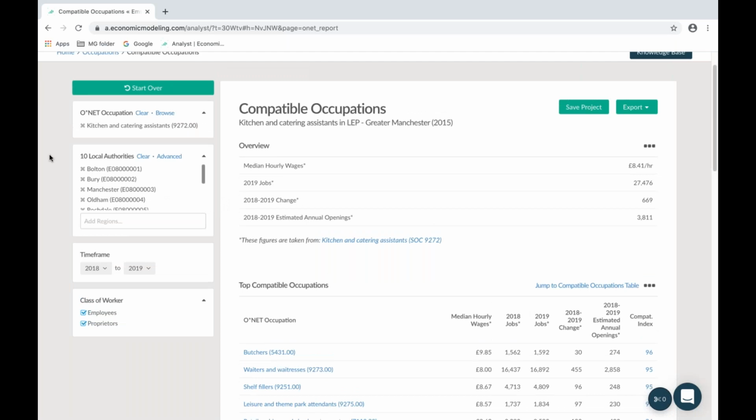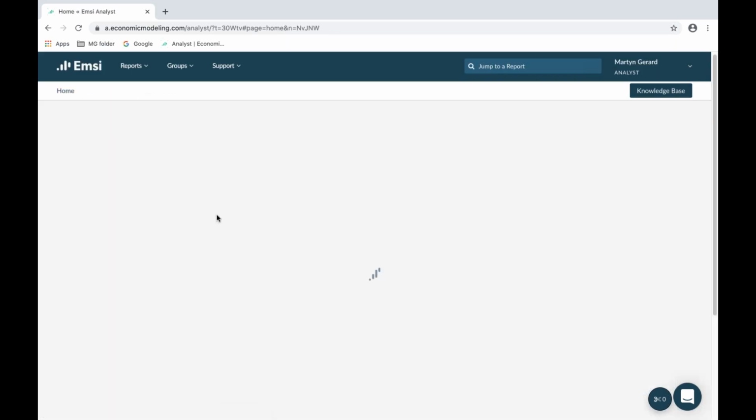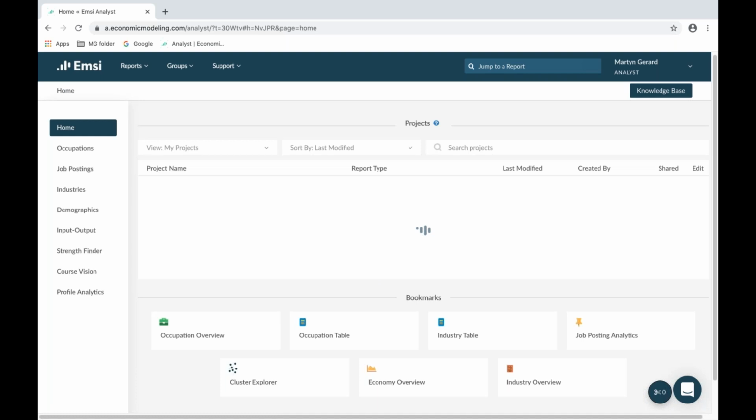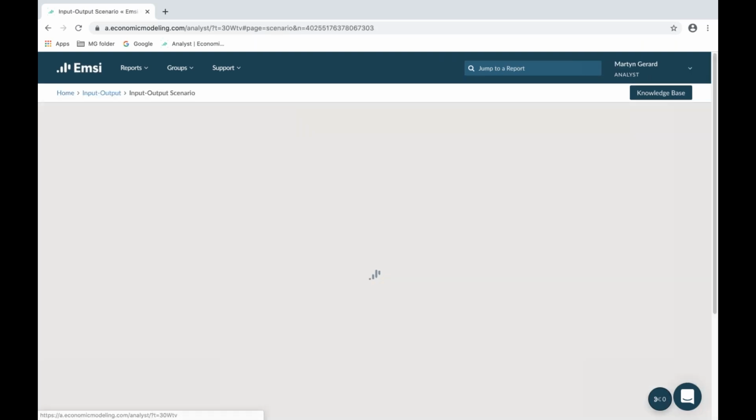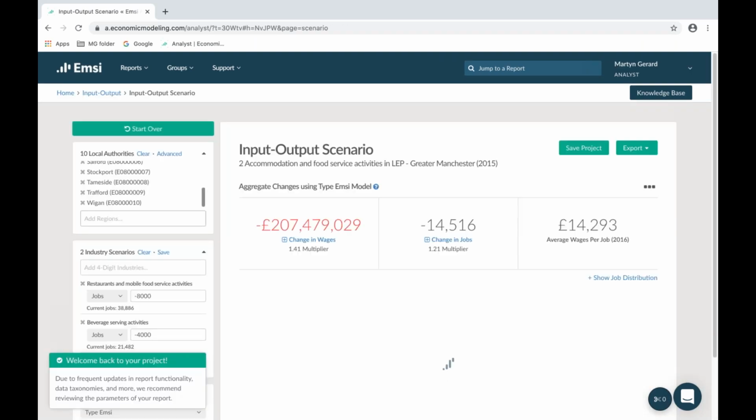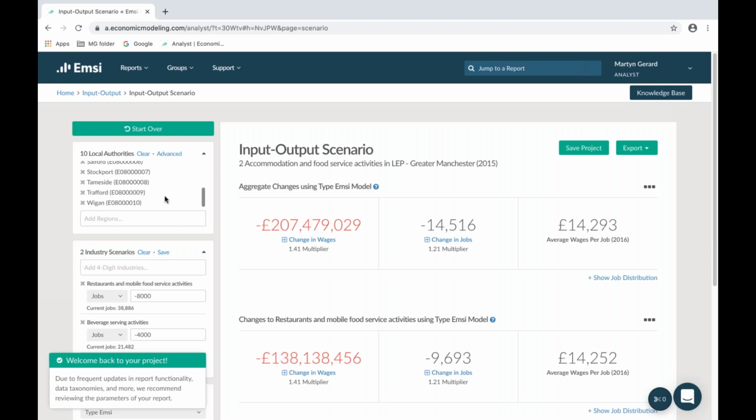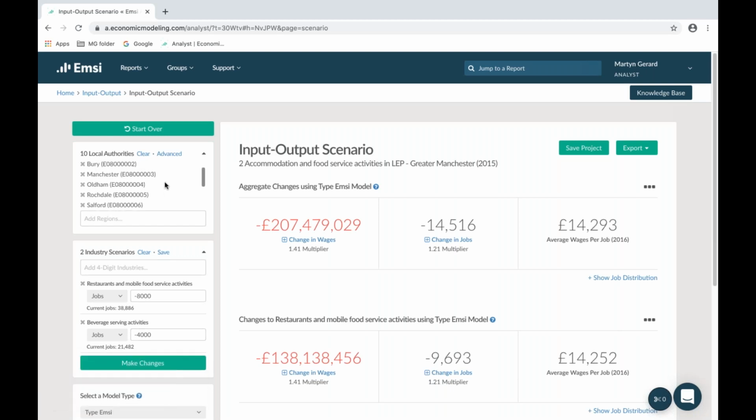So I think we're going to have a look now at the input-output model. Now, just to say, we can and will do a whole webinar on the input-output scenario planning, and I'll talk a bit more about that as we get towards the end of the webinar.